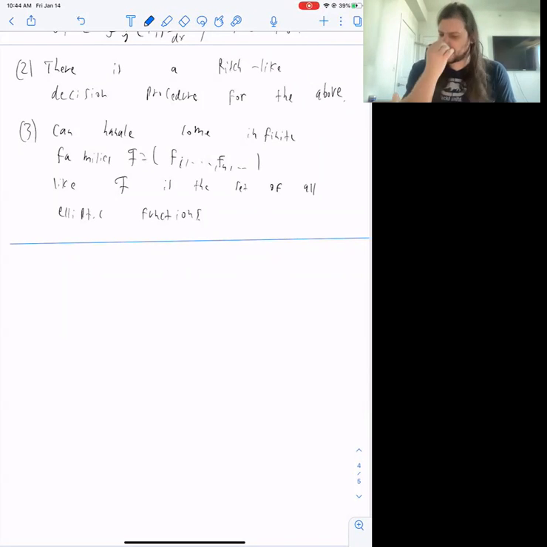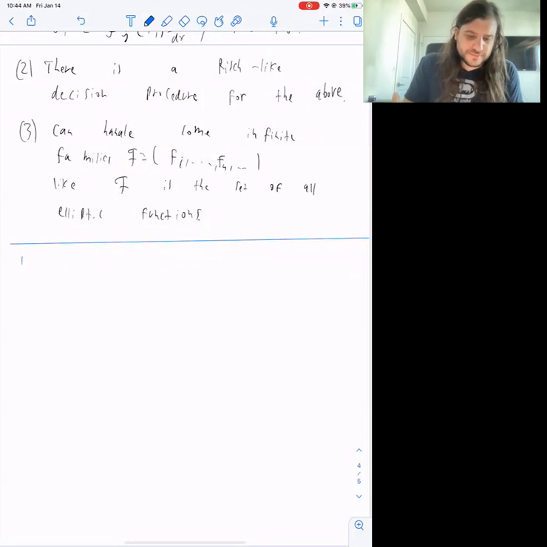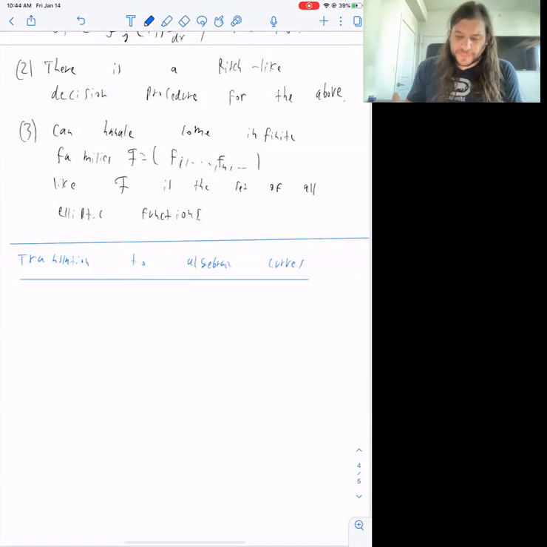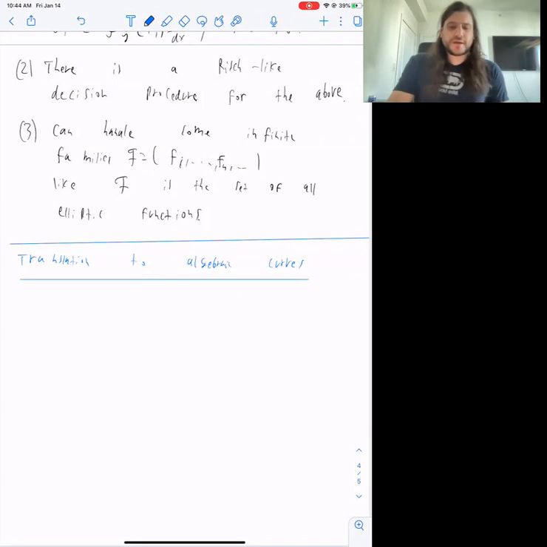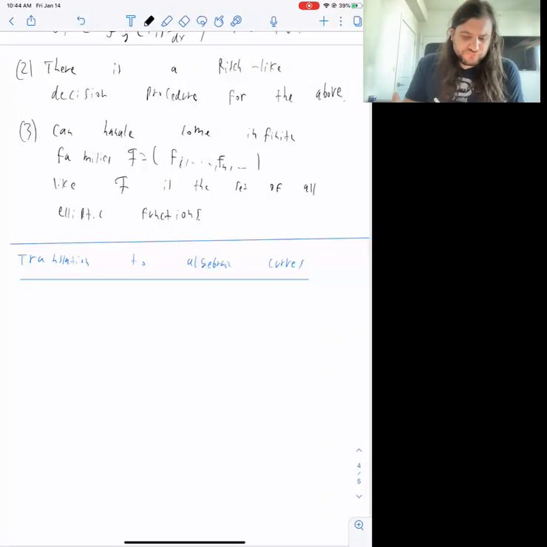Okay. So let's talk a little bit about translation to algebraic curves. We're starting with some f of x, which is some algebraic function of x.